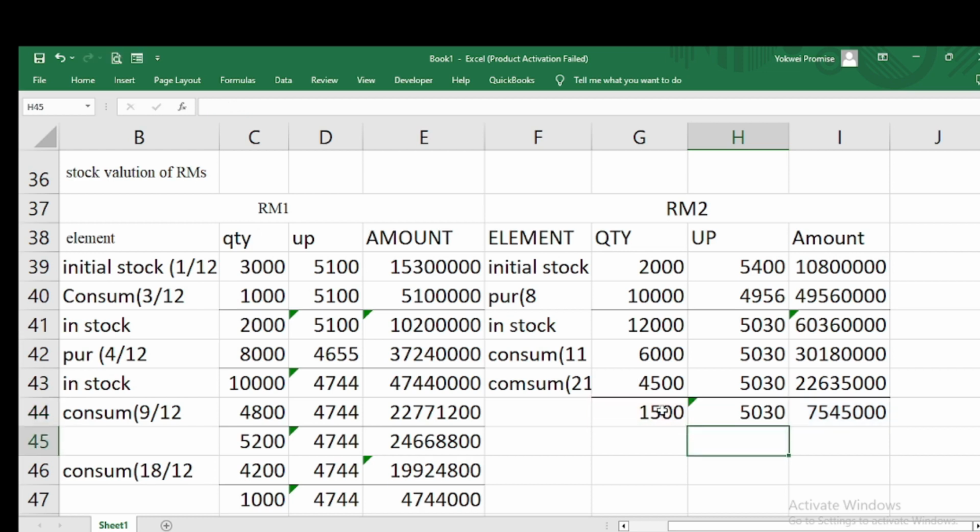Right. So this is the evaluation table for both raw material 1 and raw material 2.